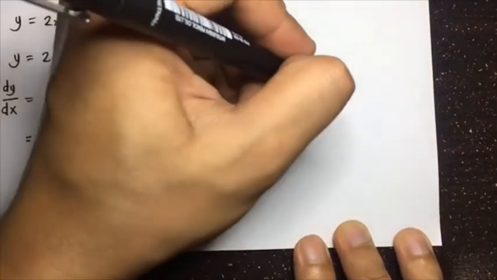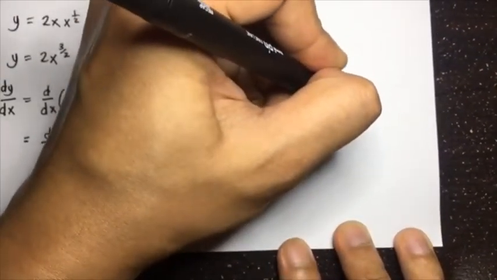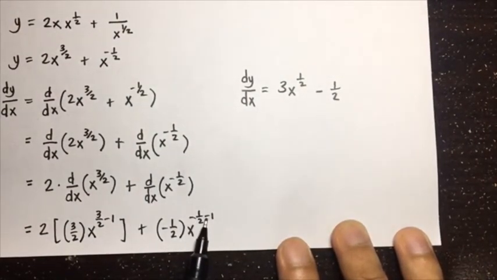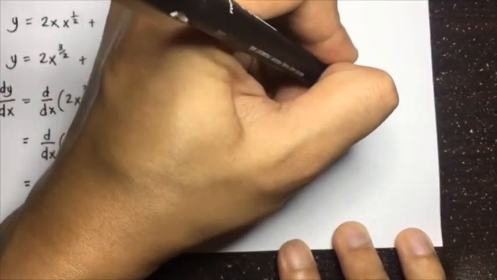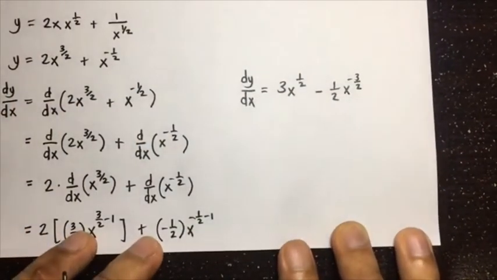Okay, minus 1 half. And then, this is x raised to negative 1 half minus 1, so that is negative 3 halves. So, x to negative 3 halves.